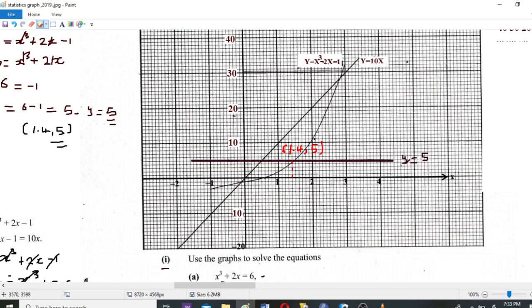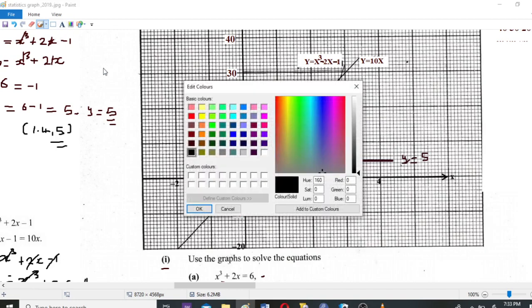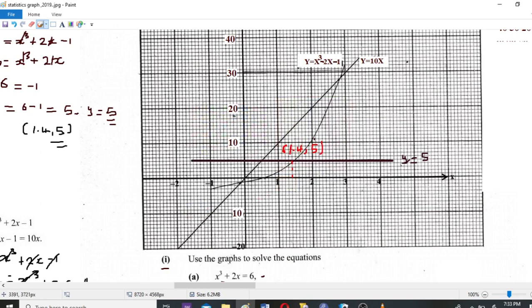So what they want you to do in this question is just get the points at which it is touching your curve. You can see in the x-axis it is touching our curve right at this point here.